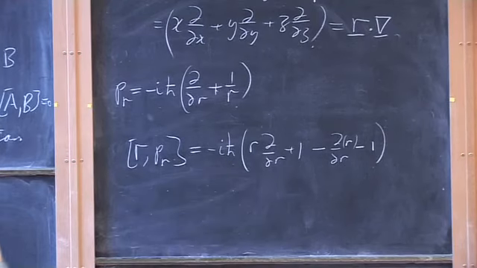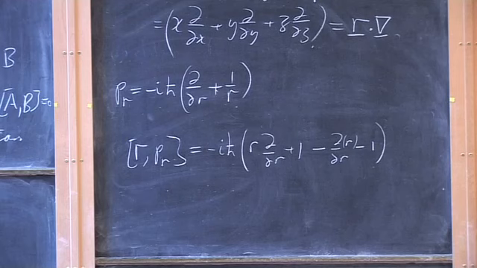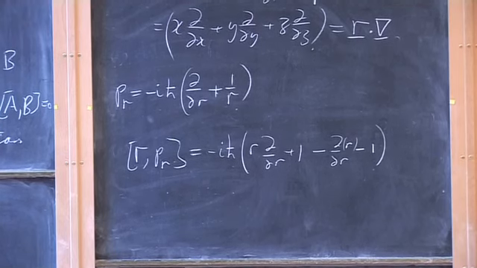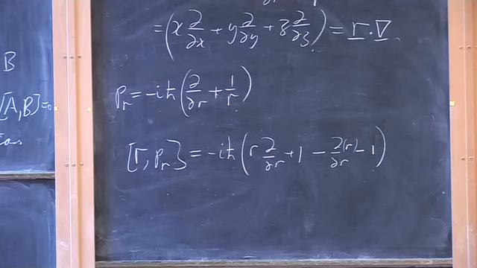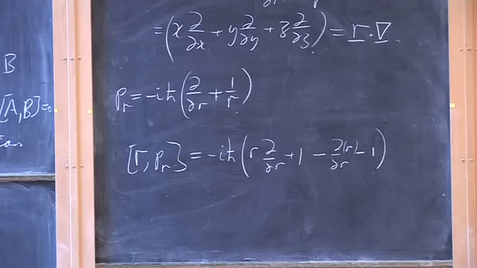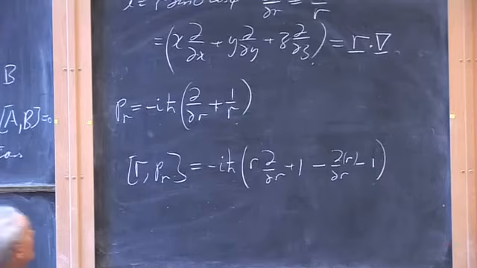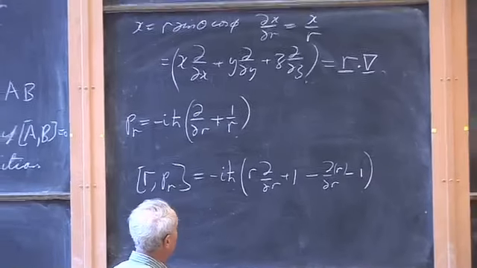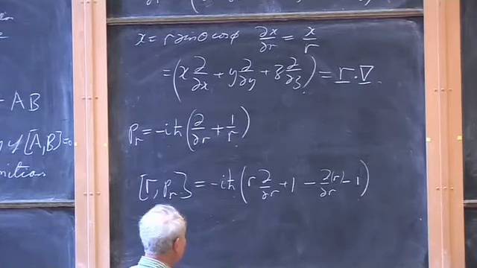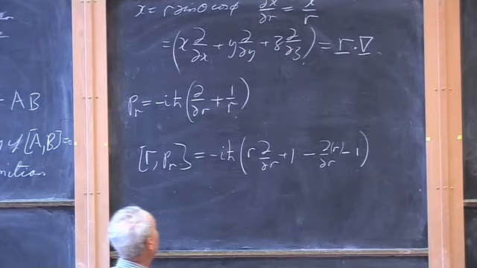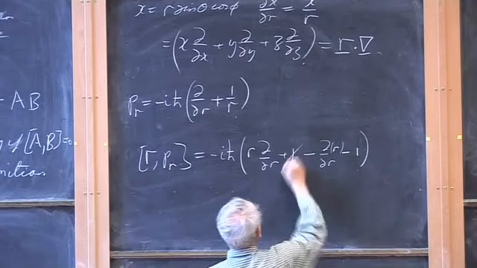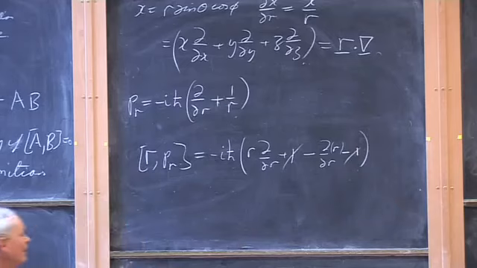Sorry, I'm in danger of getting 0, aren't I? That's the trouble. I want to get i h bar out of this. What did I do wrong? Yes, it's perfectly correct. Okay, so the ones go away. This sort of thing is confusing.